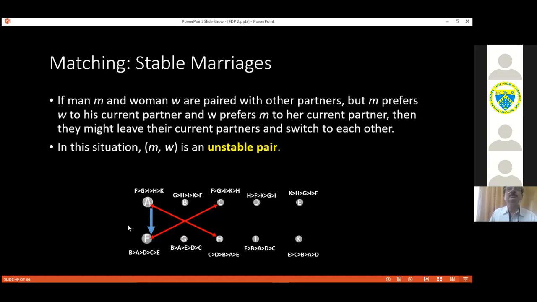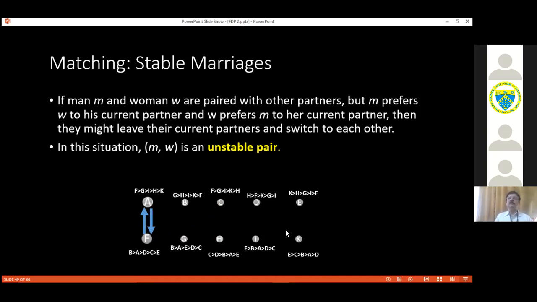At the same time, let us see what happens for F. F is already married to C, but in the preference list of F, A is preferred more than C. So F prefers A more than C. Then this marriage breaks up, so the previous marriage is unstable.